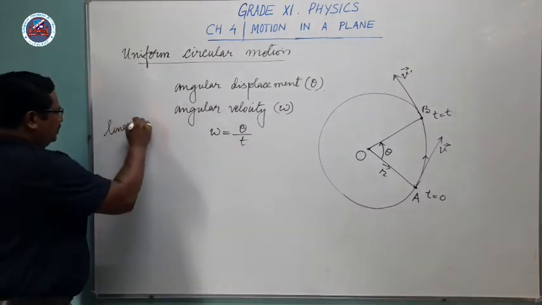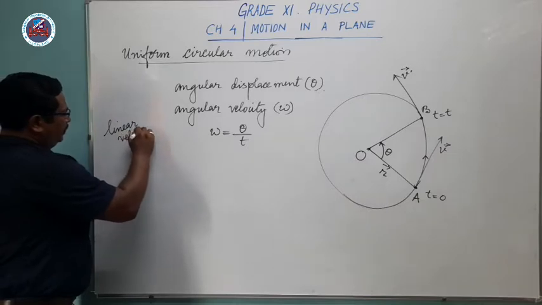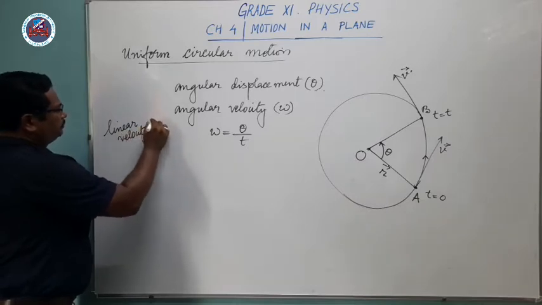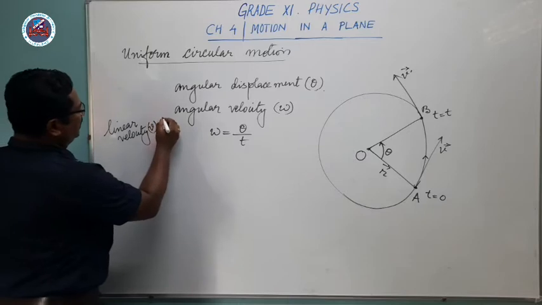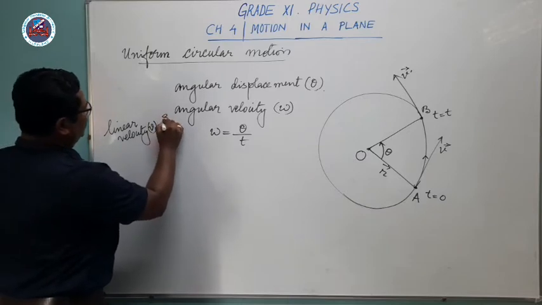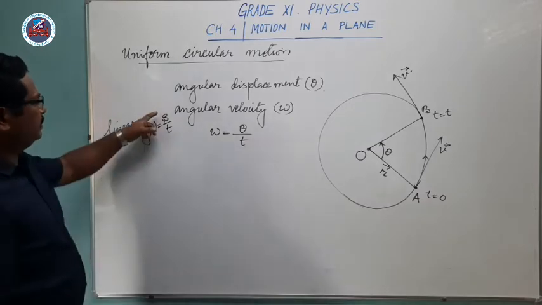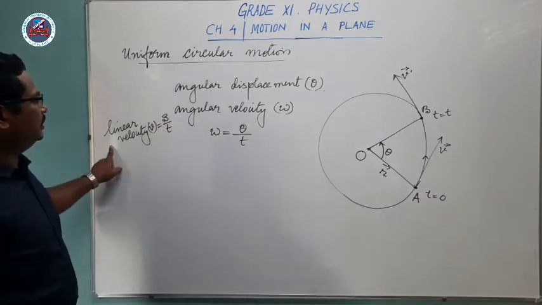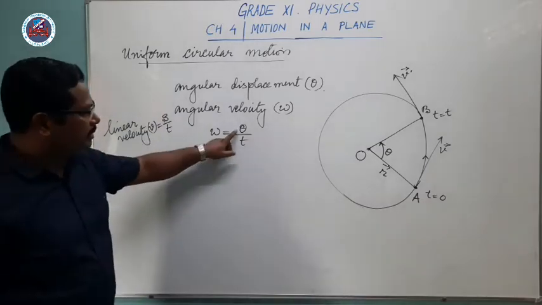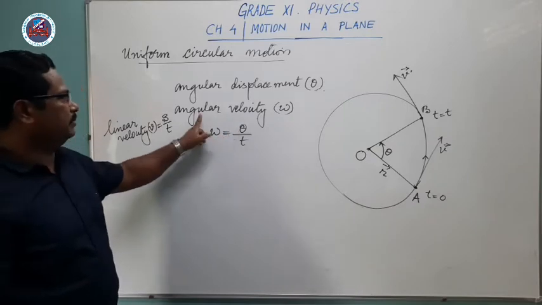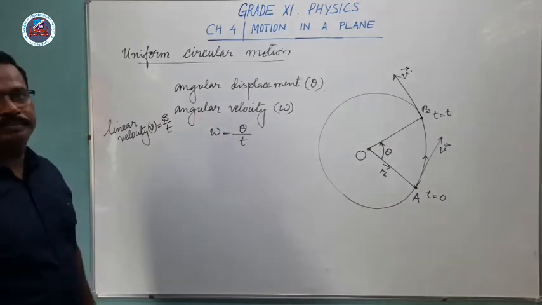Linear velocity, we write it as V, and it is displacement, which we wrote as S before, with respect to time. Displacement with respect to time gives us linear velocity. And here also it is displacement, but for angular velocity the displacement will be angular displacement.